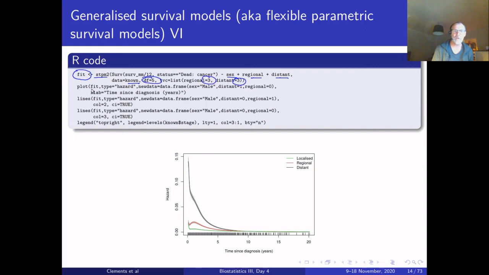And then we can plot from this fit the hazards from data which are males, for distant equal to 1, and then we set up the x label. We can also do lines with confidence intervals for regional and also for localized.